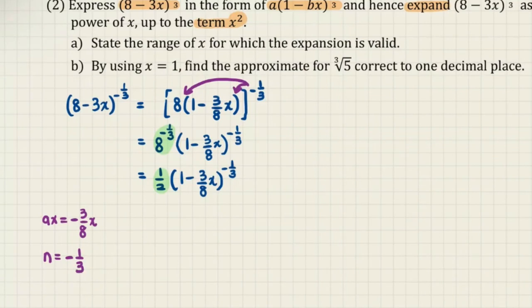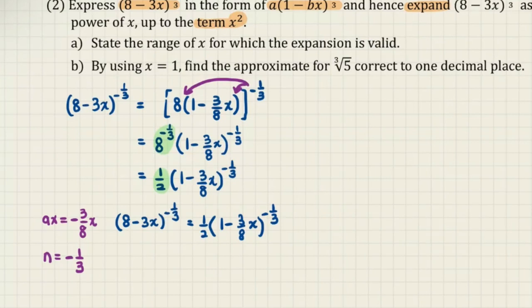Okay, so saya write back 8 tolak 3x kuasa negatif 1 per 3 dia bersamaan dengan 1 per 2 in the bracket 1 tolak 3 per 8 x kuasa negatif 1 per 3.